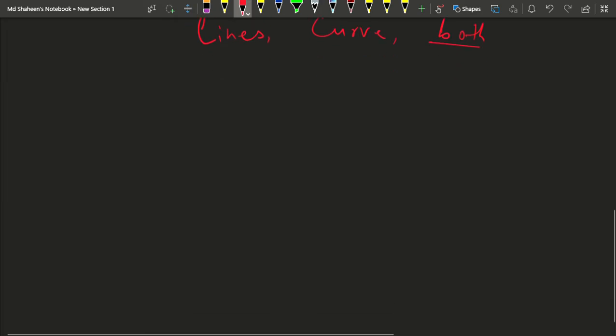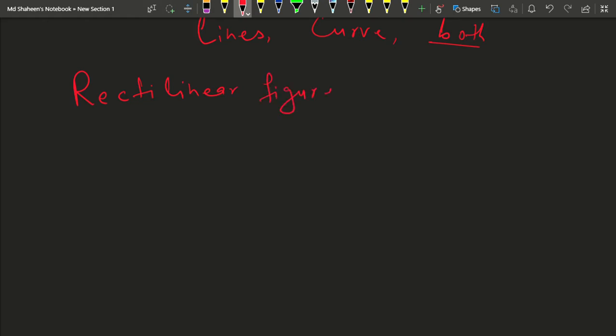A plane figure made using only line segments will be called a rectilinear figure. Okay, this will be called a rectilinear figure.